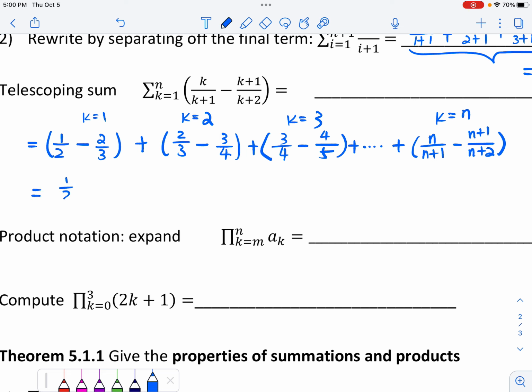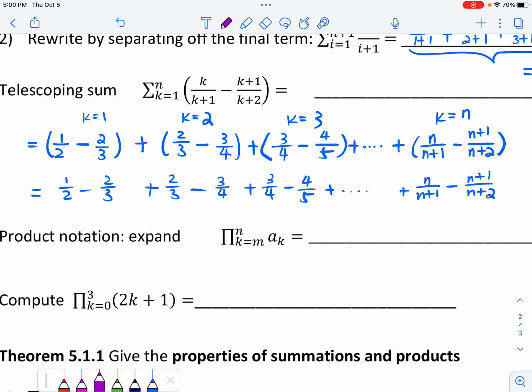So you have 1/2 minus 2/3 plus 2/3 minus 3/4 plus 3/4 minus 4/5 plus, and so on and so forth, plus n over n+1 minus (n+1) over (n+2). Now, do you see that this and this can cancel? They cancel to 0. In other words, the second term of my first group cancels out the first term of my second group, right? Similarly, the second term of my second group cancels out the first term of my third group.